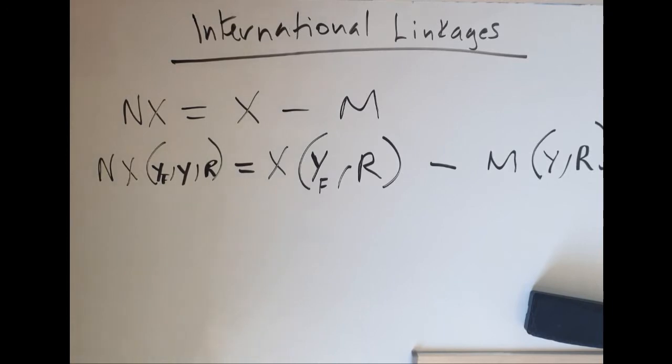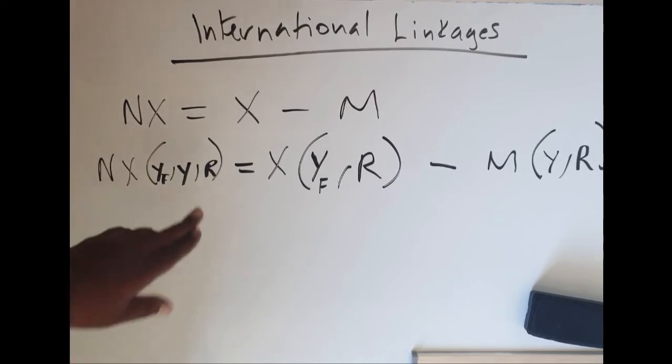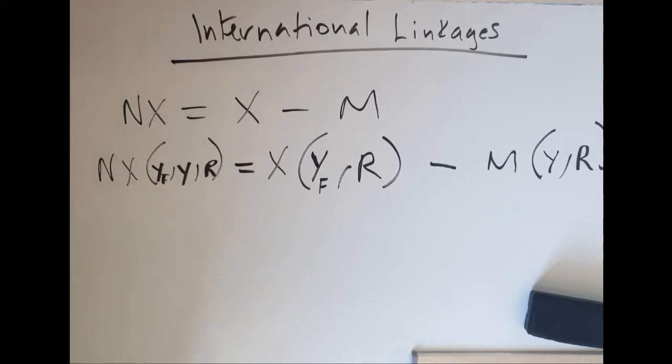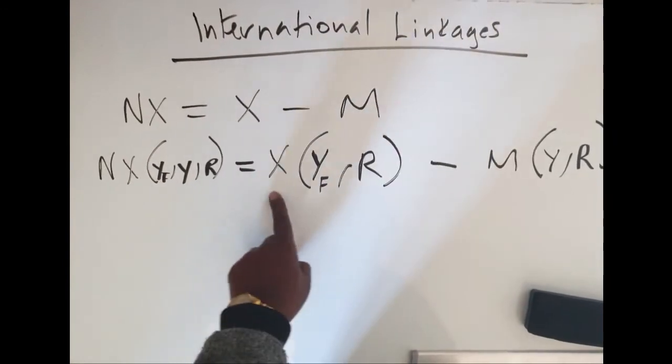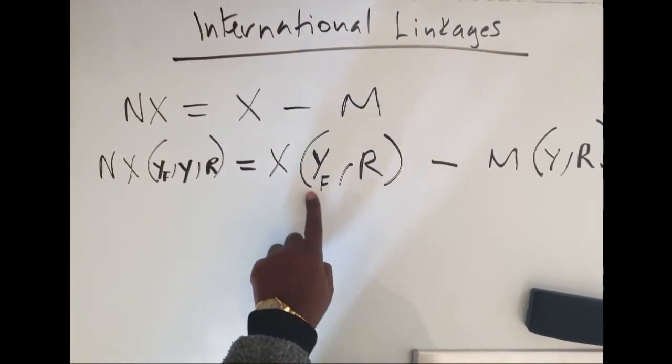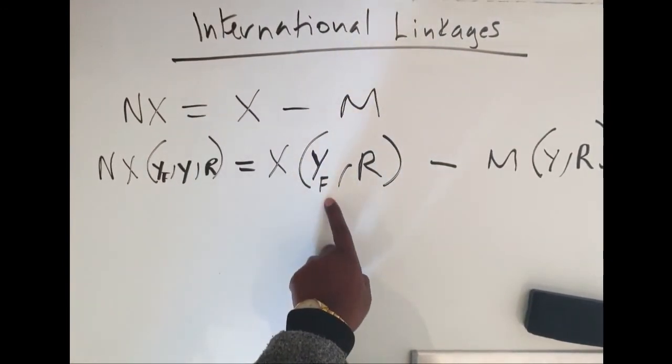Now we want to look at the impact of foreign incomes on the trade position of a country, the net export. What is likely to happen to net export when foreign incomes increase, when domestic incomes increase, and when there's a real exchange rate depreciation? When foreign incomes increase, it will improve export demand because exports depend on foreign incomes.